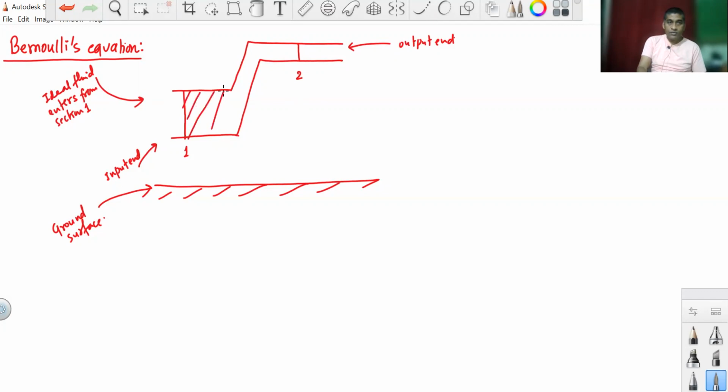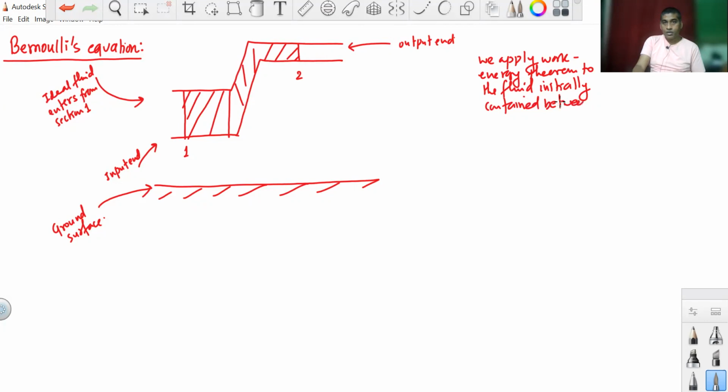And let us consider the fluid initially contained between section 1 and 2 of the tube, and we apply the work energy theorem to the fluid initially contained between section 1 and 2.